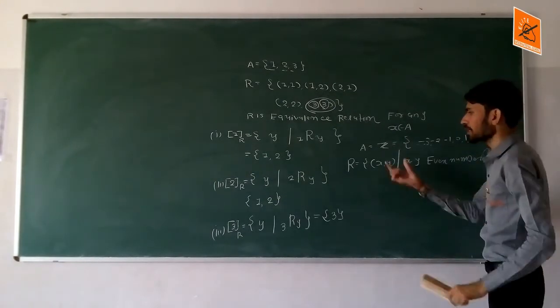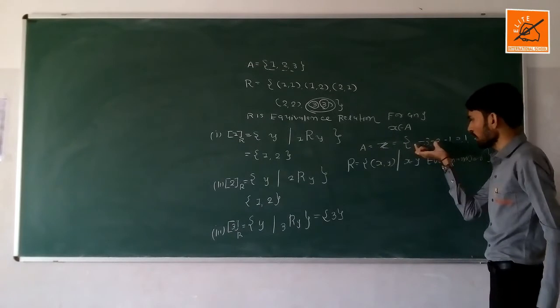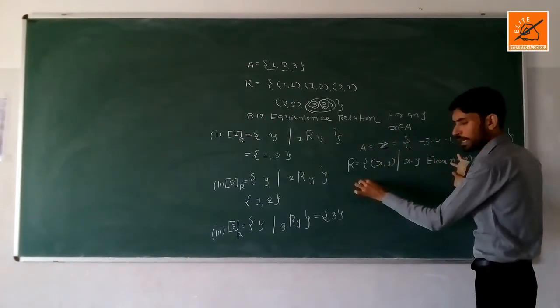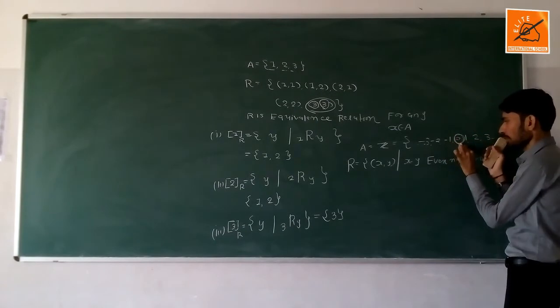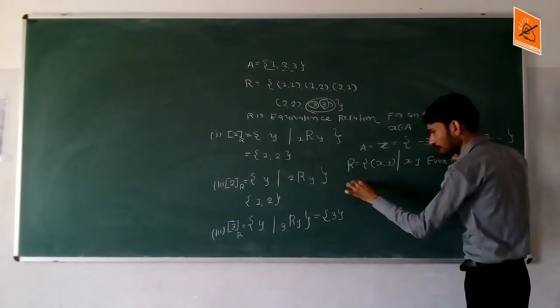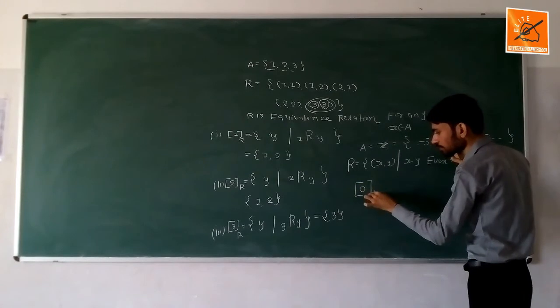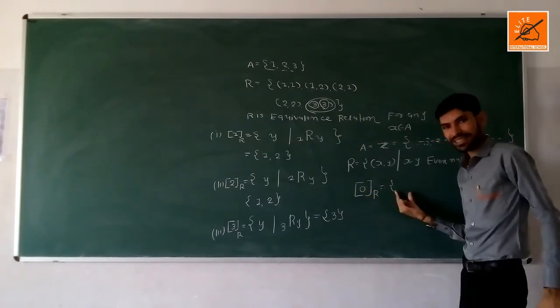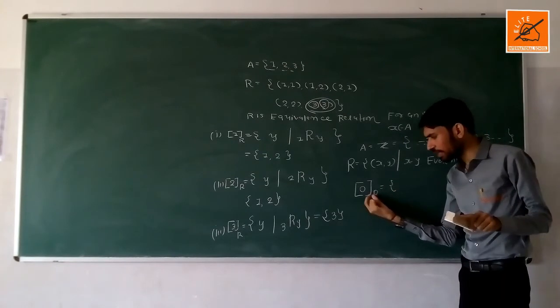So here we write the equivalence class for each element of the set Z. We start with 0 and write the equivalence class of 0. That means this equivalence class contains those elements which are related to 0.